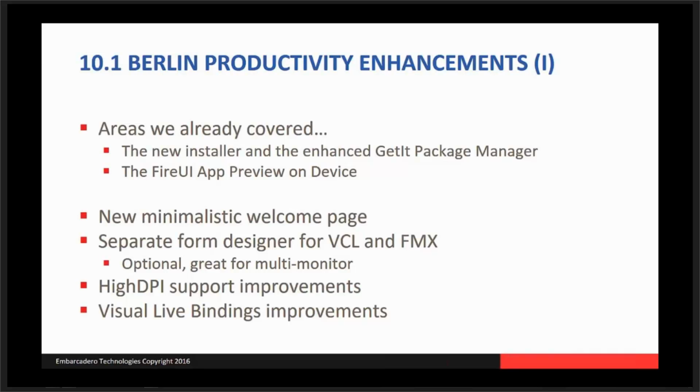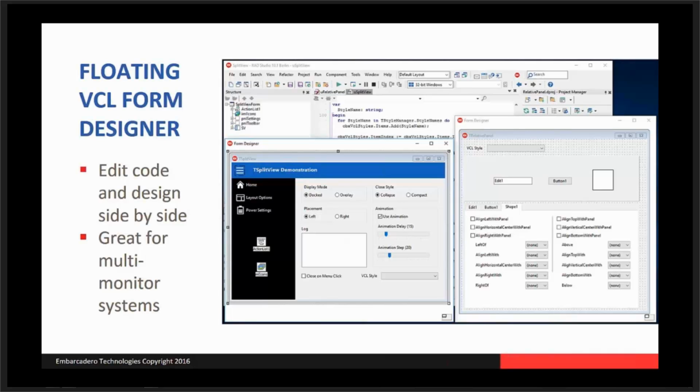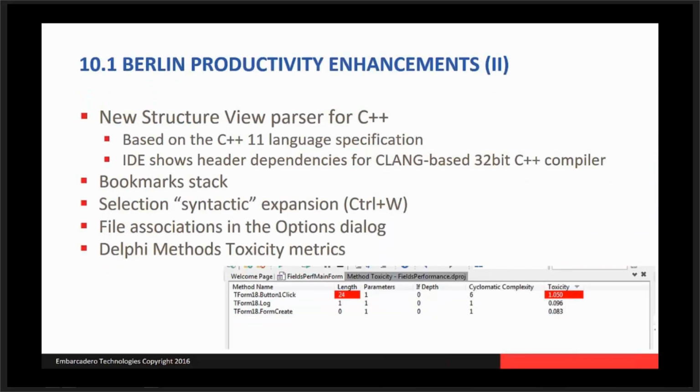So there's really a lot available. Again, the most visible feature is likely the new floating form designer, but it's available both for the VCL and for FireMonkey. So in this case, you can see two floating forms and the editor in the back. There are many other productivity enhancements in 10.1 Berlin.